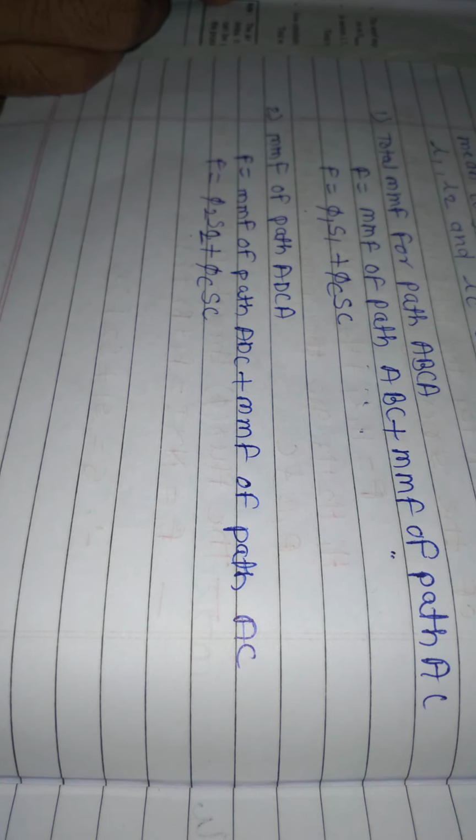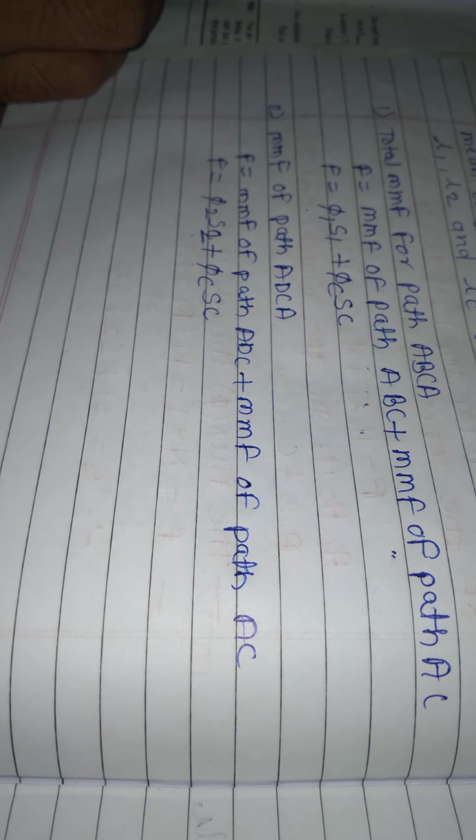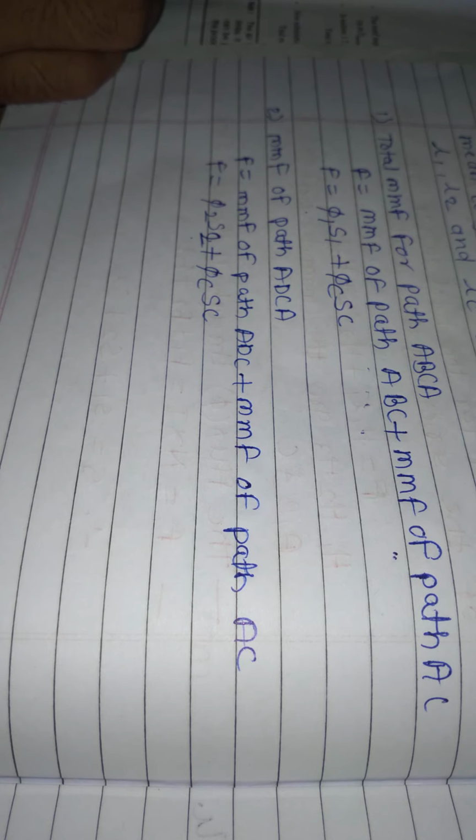Equations 1 and 2 show that the total MMF F is equal to the sum of the MMF of the central limb and the MMF of either limb 1 or limb 2.